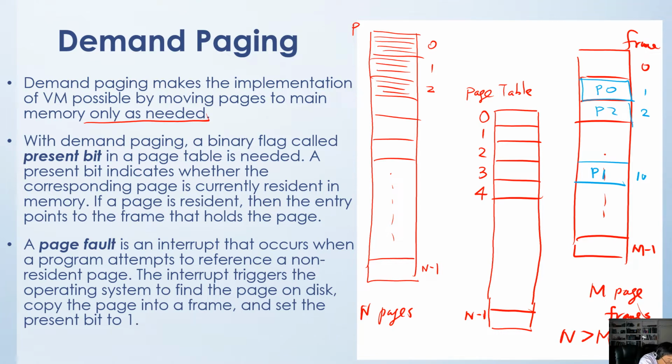Then we can update the page table. Page 0 is loaded into frame number 1, page 1 into frame number 10, page 2 into frame number 2.